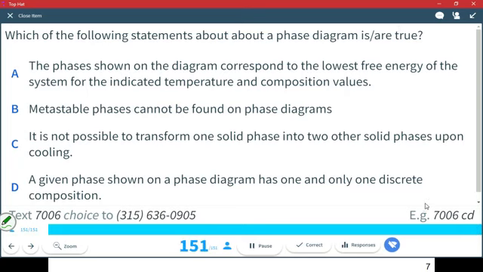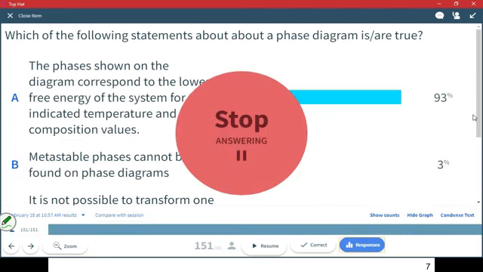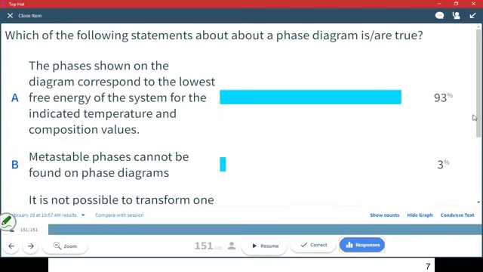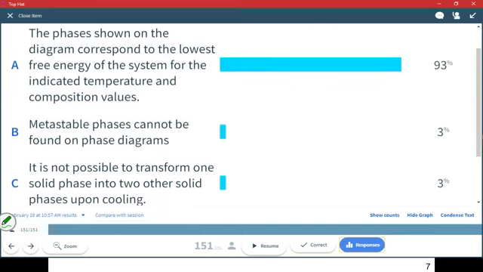Okay, so it looks like we're at 100%. So let's see. Okay, great. Well, we covered, absolutely. Only 3% said that metastable phases cannot be found on the phase diagram. So I just mentioned that only thermodynamically stable states, things in thermodynamic equilibrium, can be found.